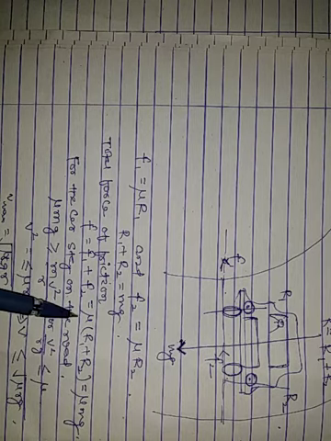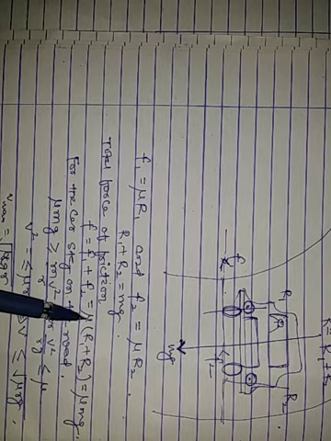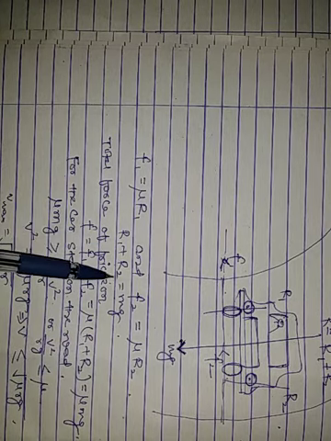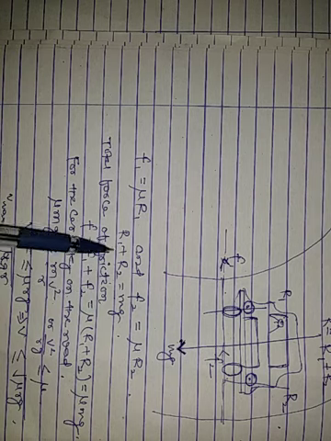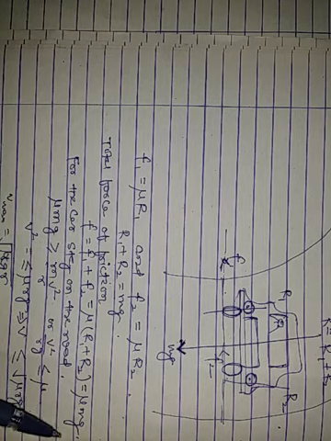As mu is common, it is mu times the bracket R1 plus R2. R1 plus R2 is equal to R, which is equal to mg, so in place of R1 plus R2 we put mg. So F is equal to mu mg.